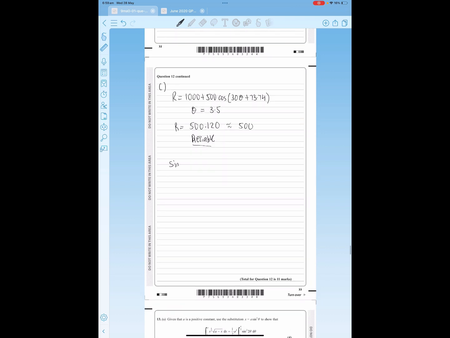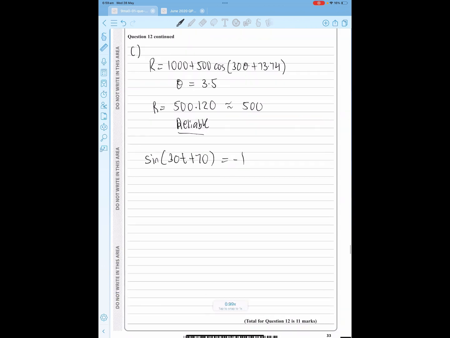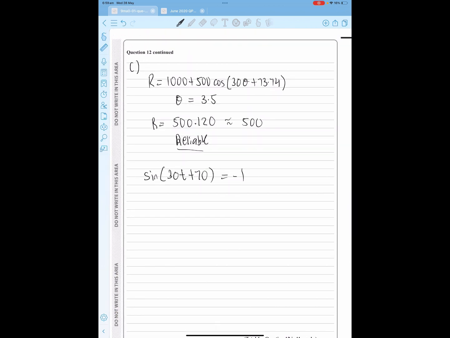So sine 30t plus 70 is equal to -1. So let's solve this. I just use this CAST diagram. So sine inverse, I would just find the basic angle. Everyone has their own method for this. We'd get 90, but we need it in this quadrant. So we would do 180 plus 90.